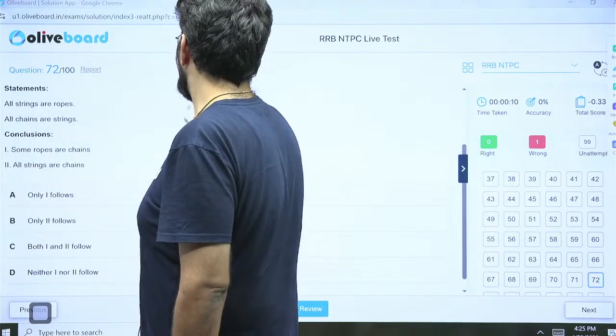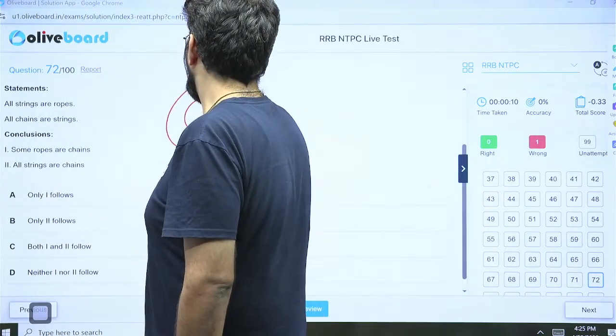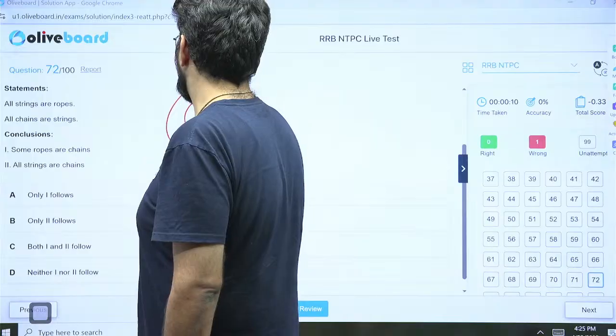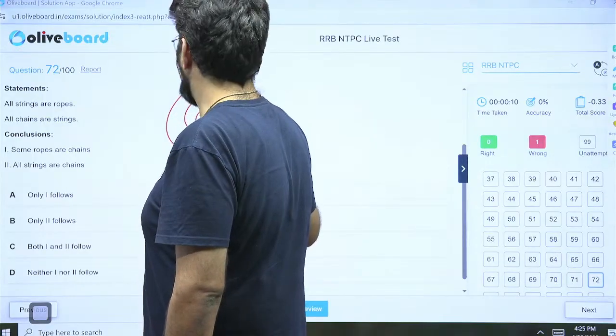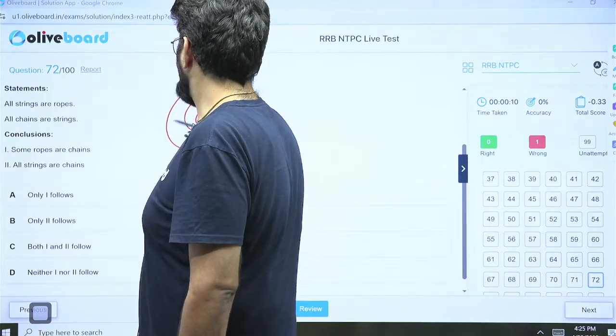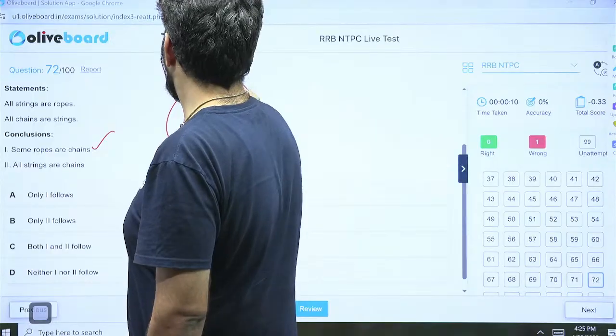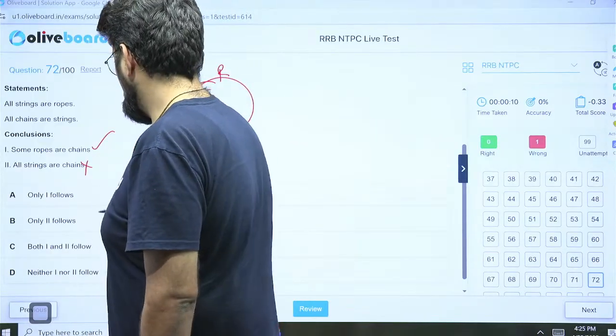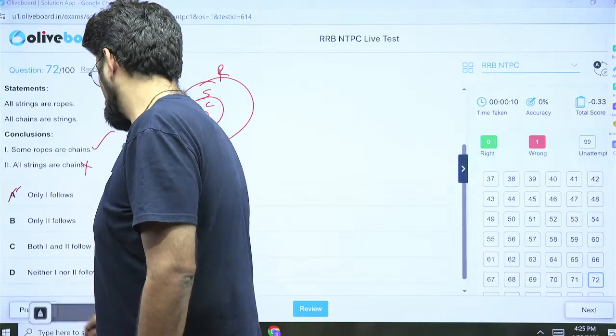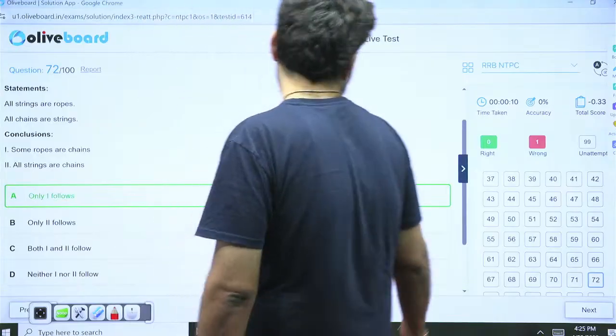All strings are ropes. All chains are strings. Some ropes are chains. Yeah, absolutely right. All strings are chains. No. Only conclusion 1 follows. Next.